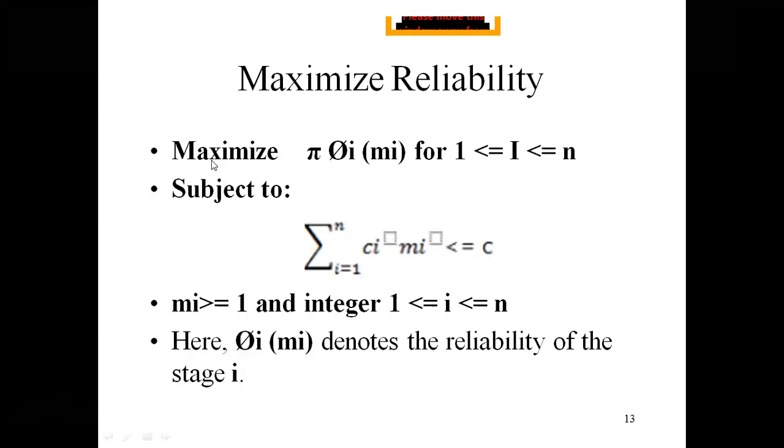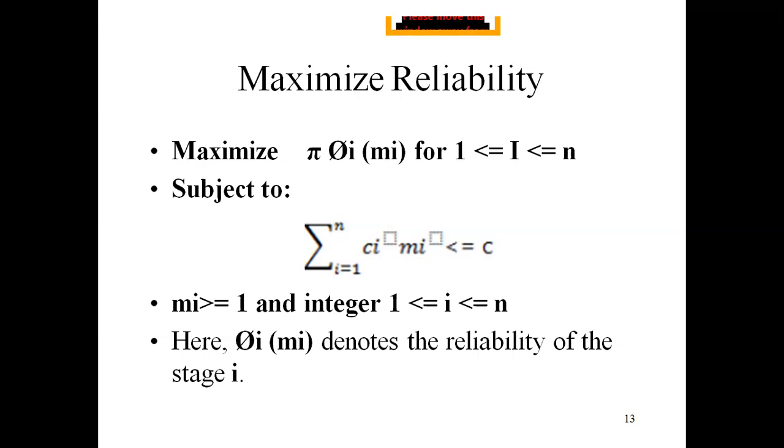We need to maximize the reliability. To maximize the reliability, we need to consider the number of devices needed within the cost constraint, that is C. The allowable cost is C only.